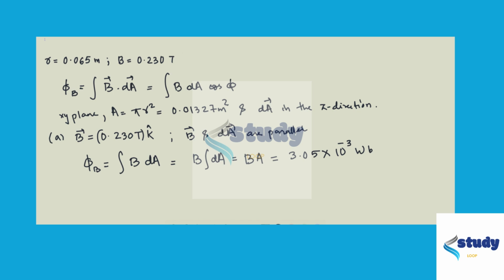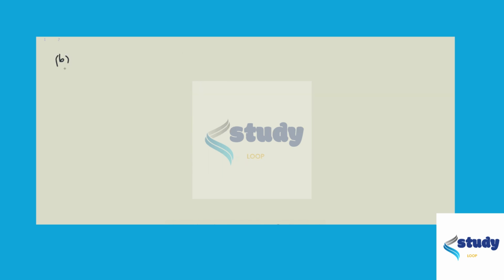Similarly, for the second part, let's say this is the area vector which points in the z direction, and the magnetic field makes an angle of 53.1 degrees with z.